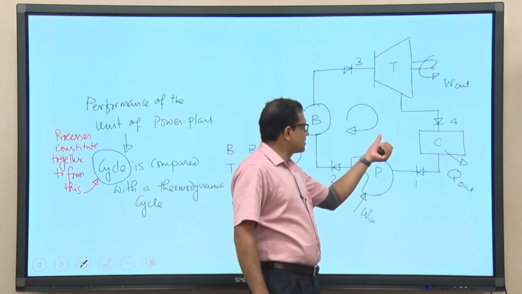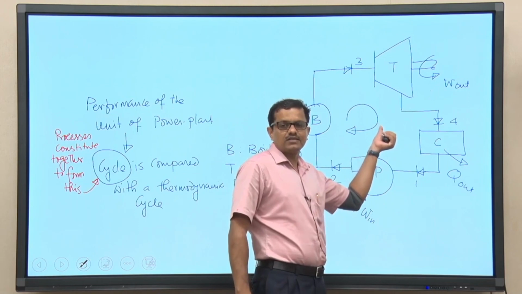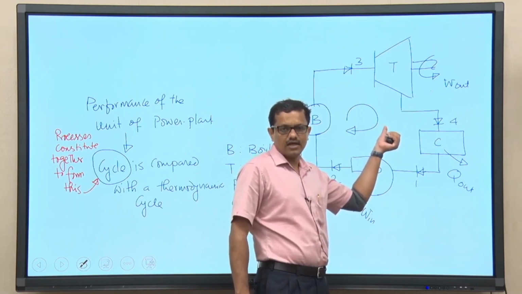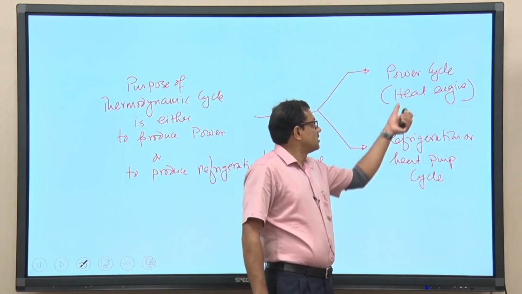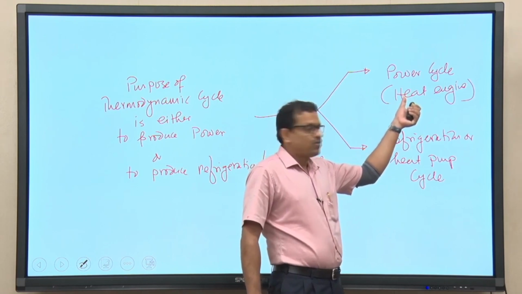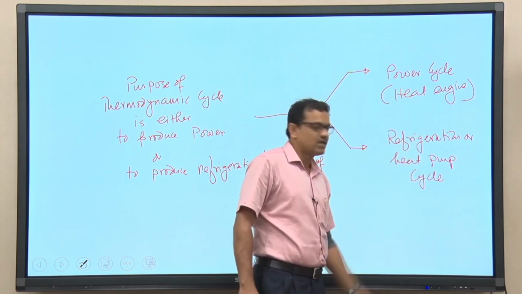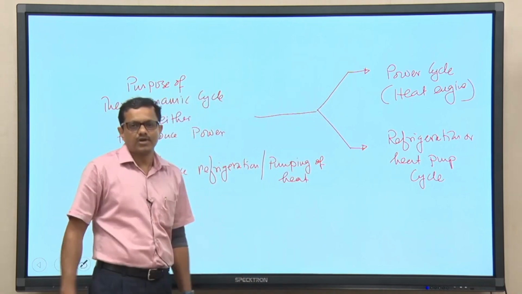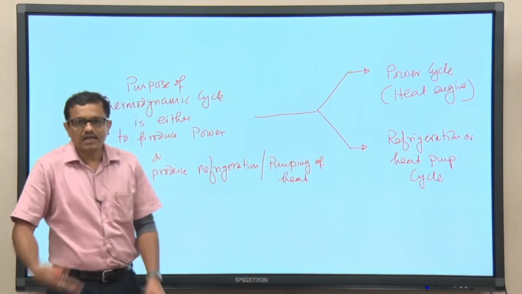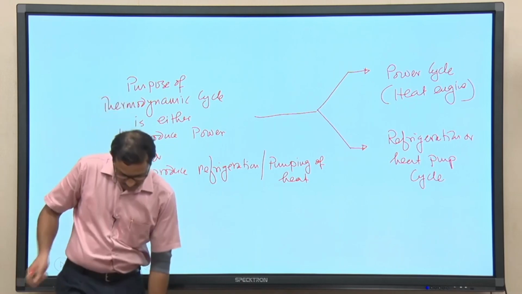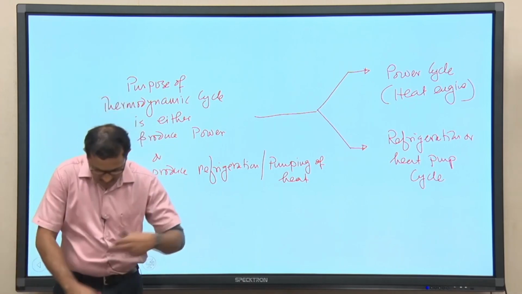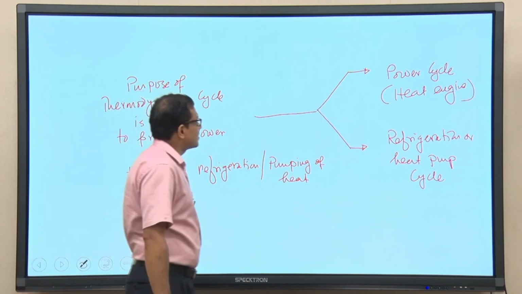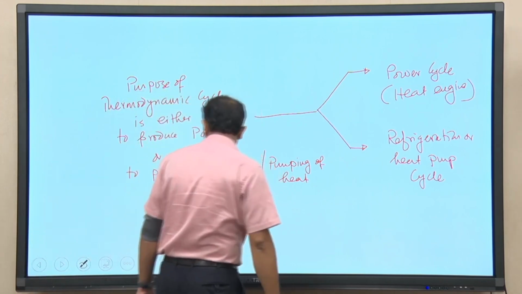You can see that the working substance for this particular cycle is water and steam. So, whether it is power cycle or refrigeration or heat pump cycle, the working substance is important. So, the power cycles are operated as the gas power cycle or vapor power cycle.